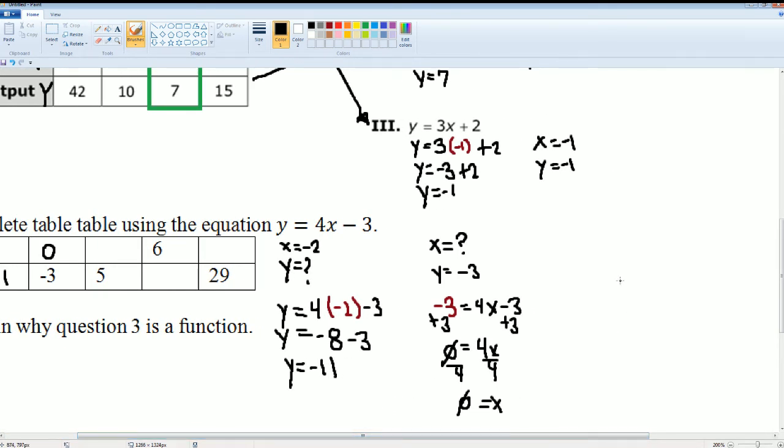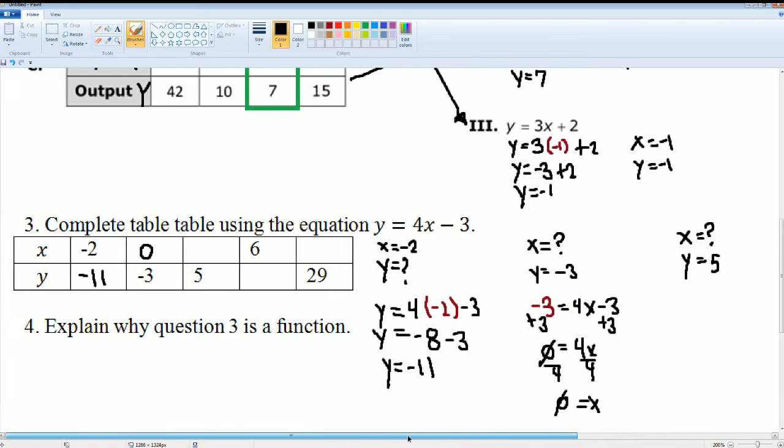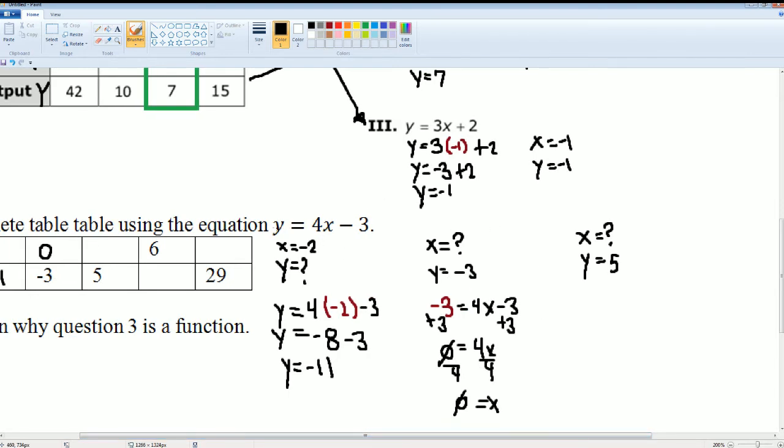Ooh, we might be running out of room. For this one, we don't know what x is. That's x is equal to the question mark. y is equal to 5. So again, we plug it into our equation. Y right here is 5, so I plug in a 5 here. 5 is equal to 4x minus 3.